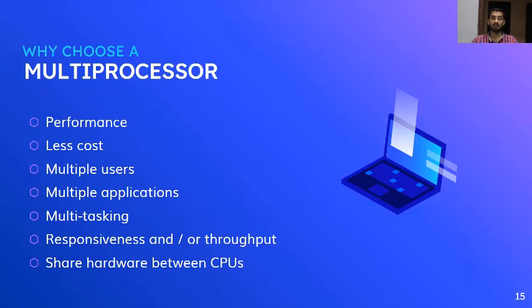Responsiveness and throughput, which we will cover in this video later. Shared hardware between CPUs: when we add a CPU in an existing system, you don't have to buy separate peripheral devices like keyboard, mouse, etc.